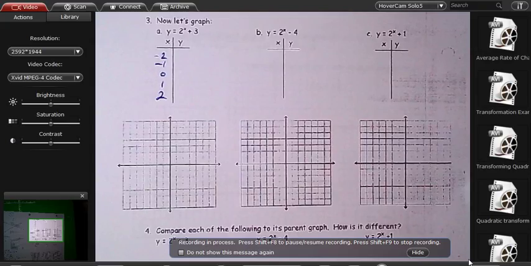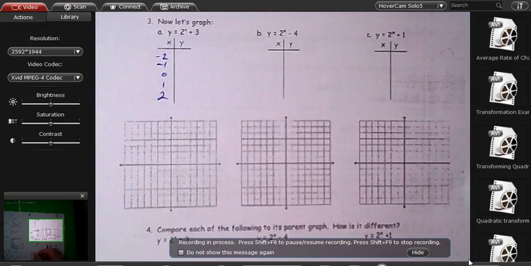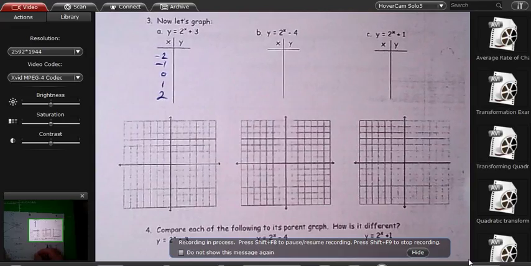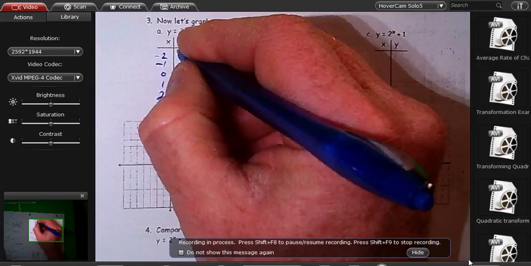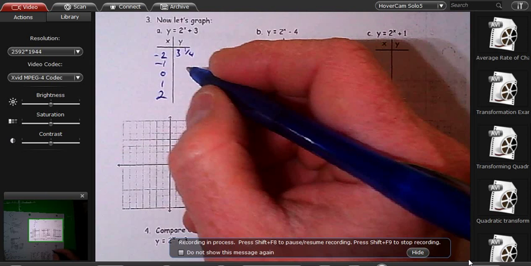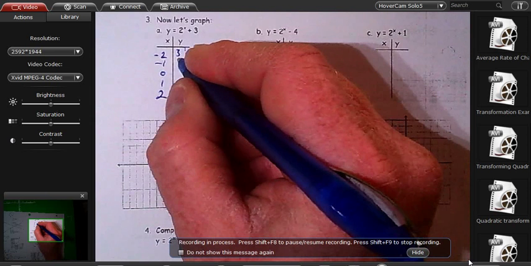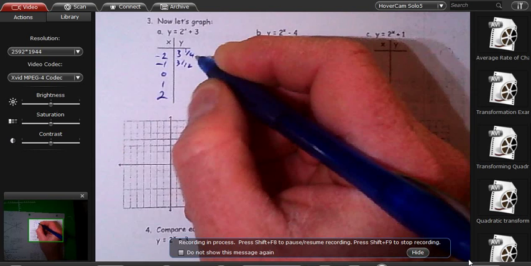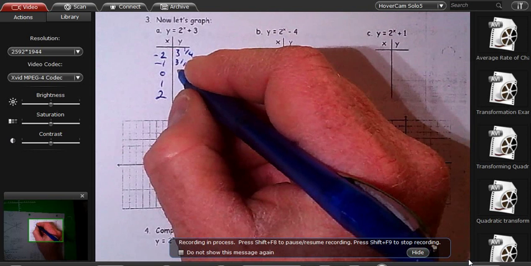So my first y value was 1/4. What's 1/4 plus 3? 3 and 1/4. Write that down. 3 and 1/2 is the next one. 4. 1 plus 3 is 4. 2 plus 3 is 5, and that's it.